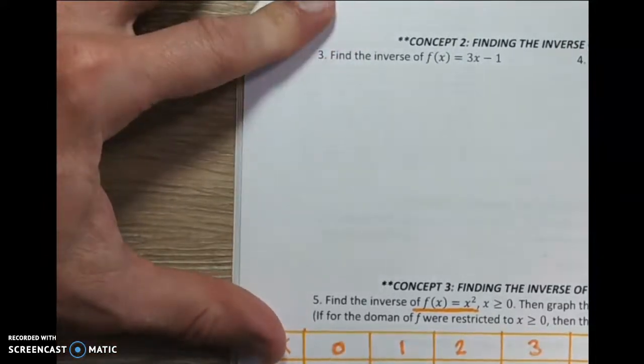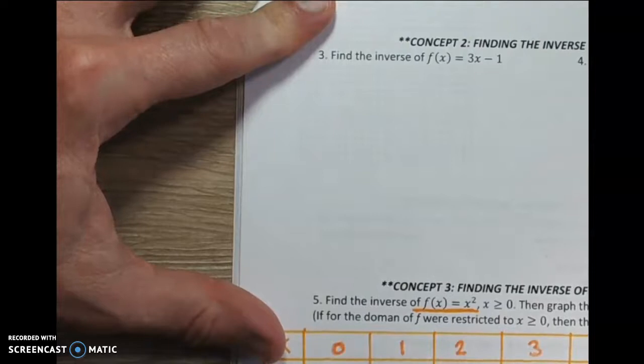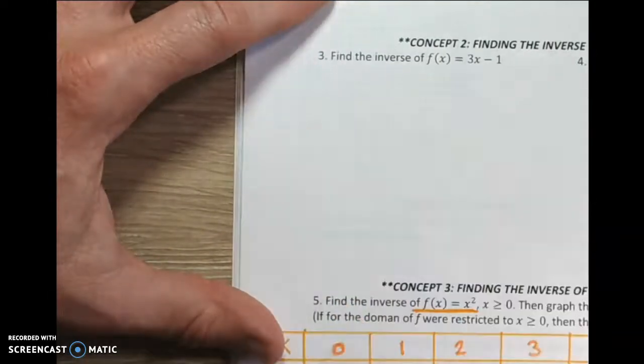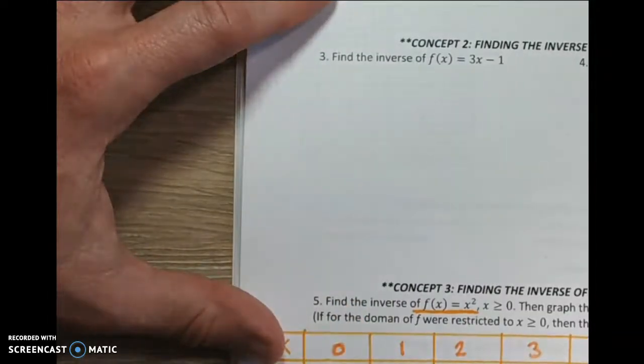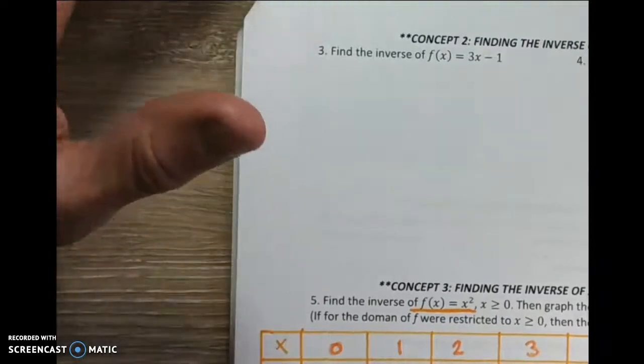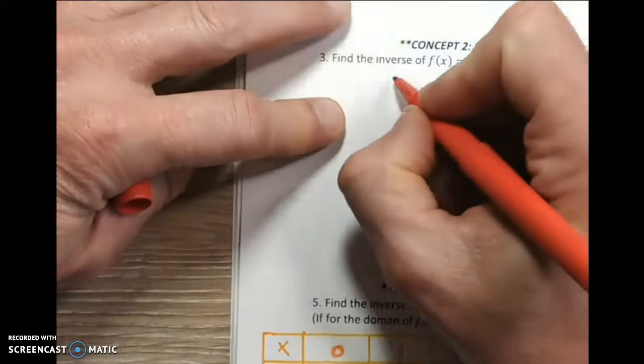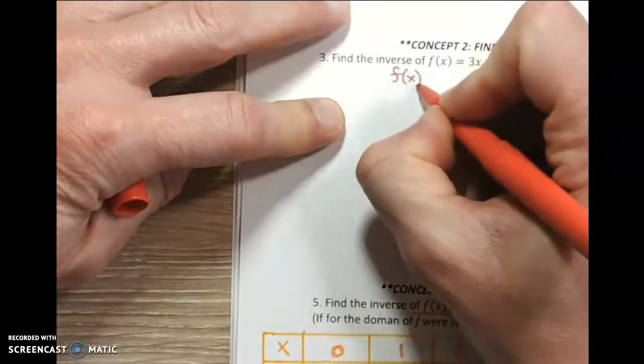Okay. Concept number 2 is finding the inverse of a linear function. So it says find the inverse of f of x equals 3x minus 1. So again, f of x is y, so all I'm going to do initially here is replace f of x with y. So f of x equals y.